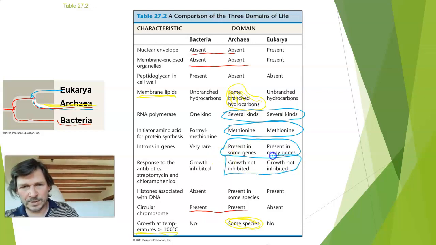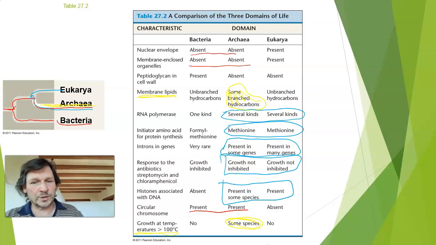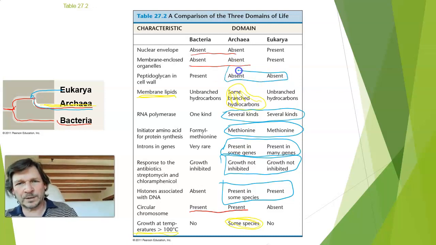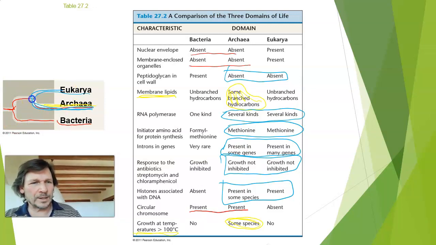The resistance to certain antibiotics. Their DNA has little bits of protein in its structure called histones. And the lack of peptidoglycan, which was probably something that was here and lost. So those are things that join the eukarya and the archaea together.